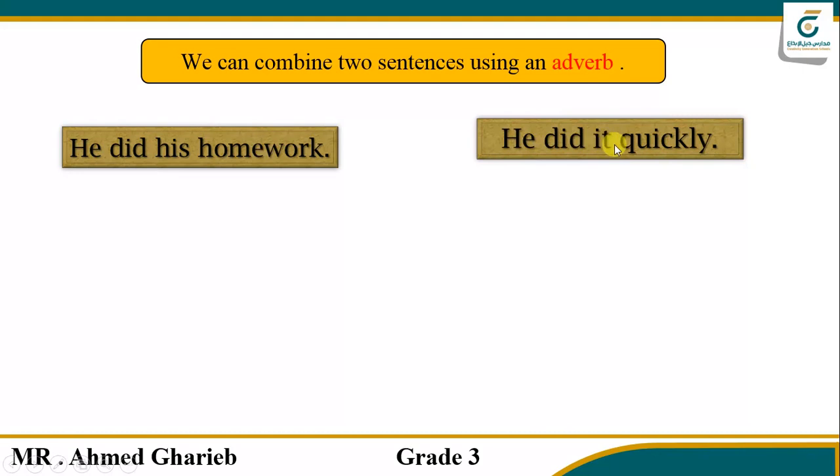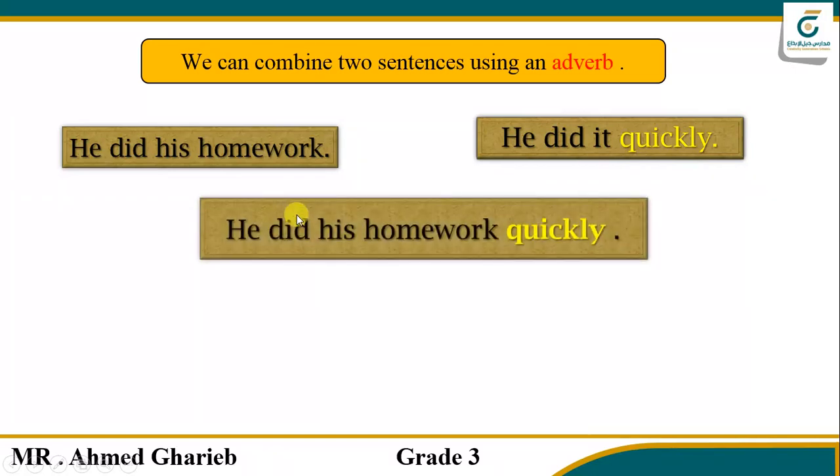So the difference is just the adverb. So we can take the adverb and put it in the first sentence, so there will be no need for the second sentence. Here the adverb is quickly, so we can say he did his homework quickly, as you see.